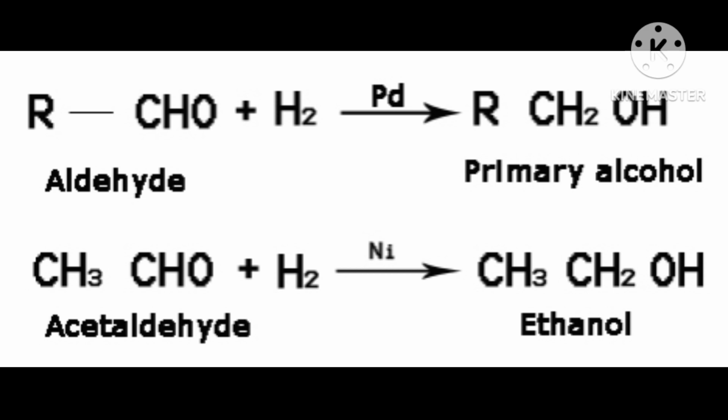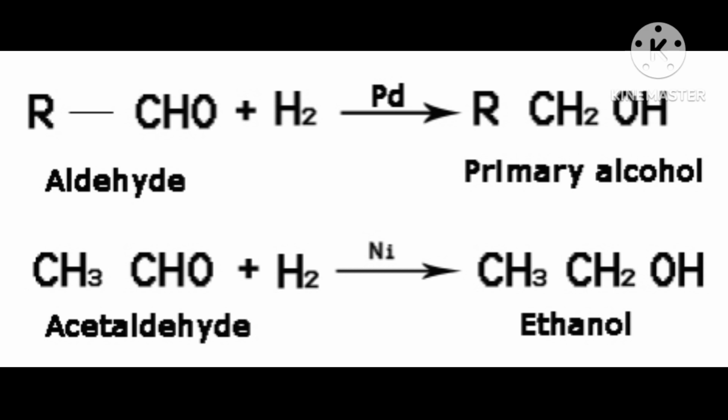Sodium borohydride supplies 2 hydrogens, 1 goes to carbon and the other goes to oxygen, forming OH. Now it becomes RCHR dash OH.